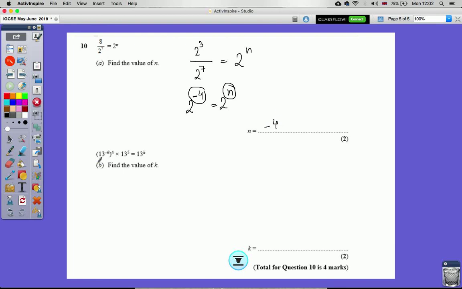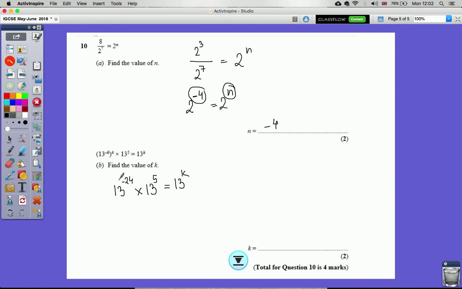In the second part, find the value of k. So we know power raised to a power, we multiply the power. So that is going to be 13 to the power of negative 24, 4 times 6, negative 24, times 13 to the power of 5 is equal to 13 to the power of k. Now when you multiply, you add the power.